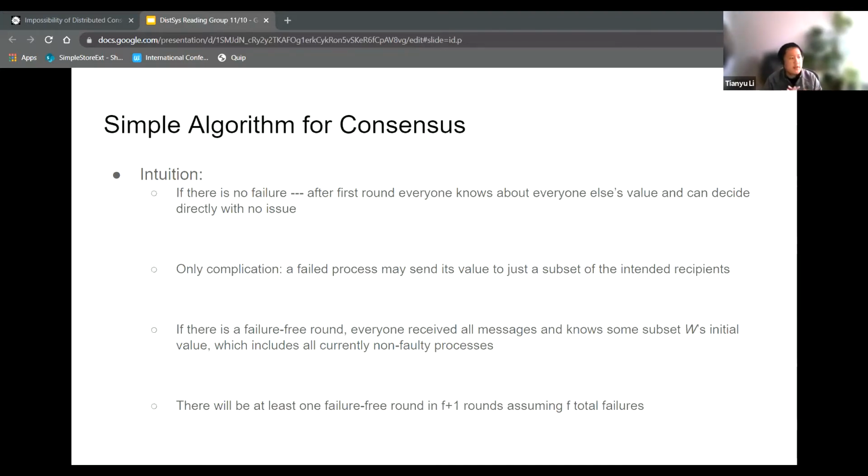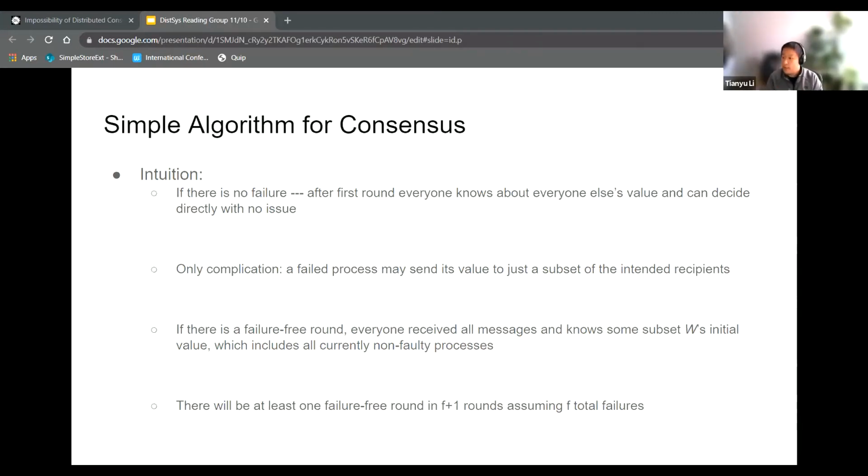That's fine. The only complication is that a failed process, as we talked about earlier, can send its value to only a subset of its peers. Which means if a processor failed in a round, there's going to be a split-brain situation in the cluster. Some of the nodes who receive the message from the faulty process are going to say, oh, I know of this additional value, whereas the other nodes don't.